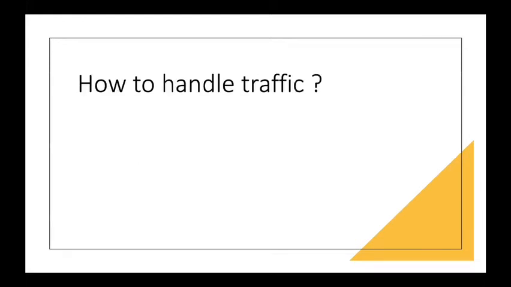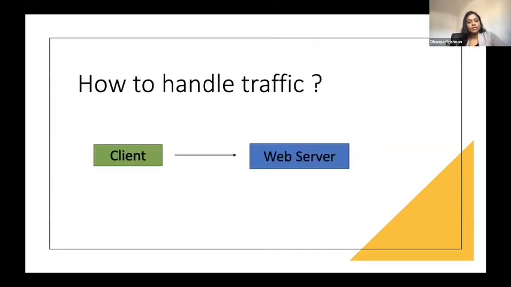Okay, a lot of technical jargon, but how do I actually handle traffic when I'm having an application and I have opened it up to the users? So when we talk about traffic, or when we talk about building up a system and hosting it, this is the general architecture that comes to your mind: a client and a server. So like a client-server architecture. So you have a client sending a request to a server.